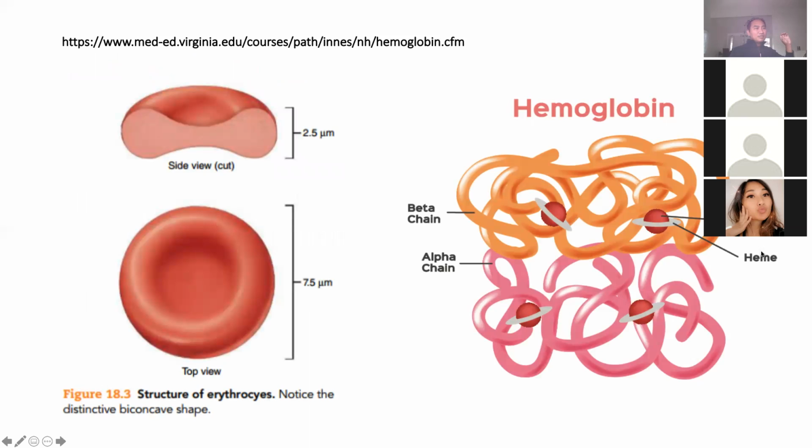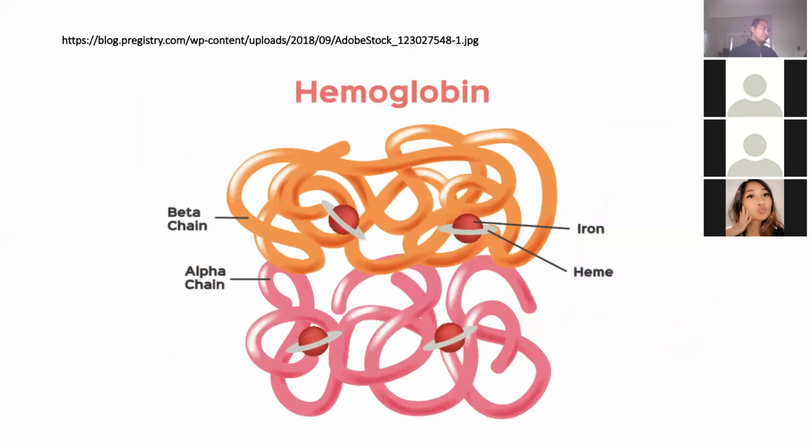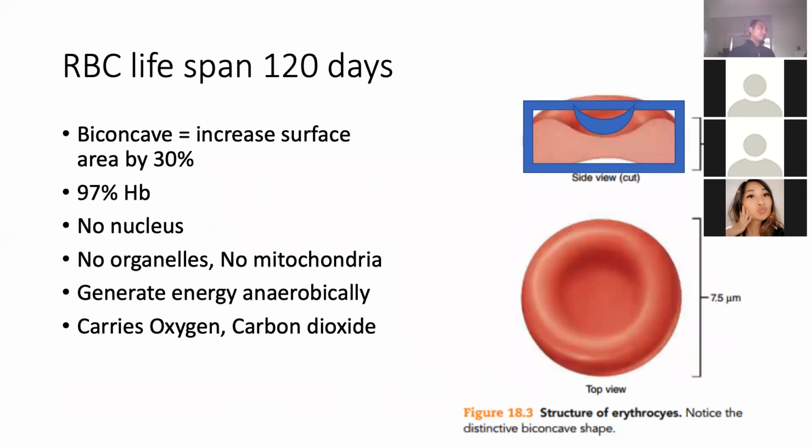Heme is here, with iron in the center, surrounded by heme, and that is entrapped with 1 beta chain, another beta chain, heme and iron. So that is the structure of hemoglobin. Now you can see what hemoglobin is. It is not in the center, it sits in the periphery like a donut ring.